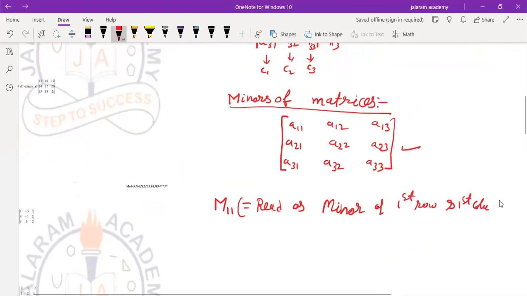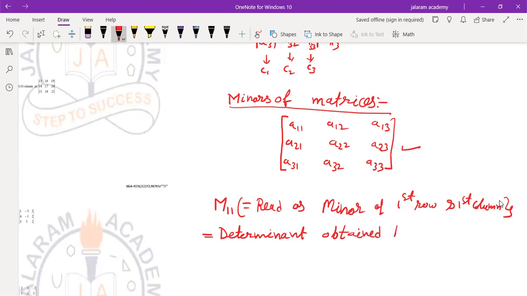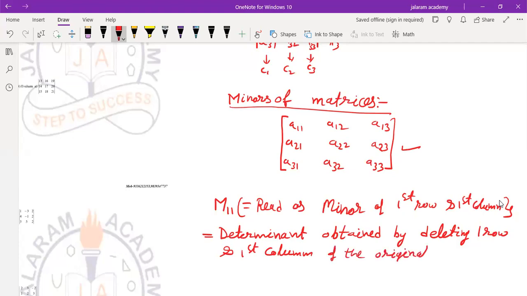So how to find the minor of first row, first column? Minor of first row, first column is obtained by finding the determinant obtained by deleting first row and first column of the original arrangement, meaning the matrix.